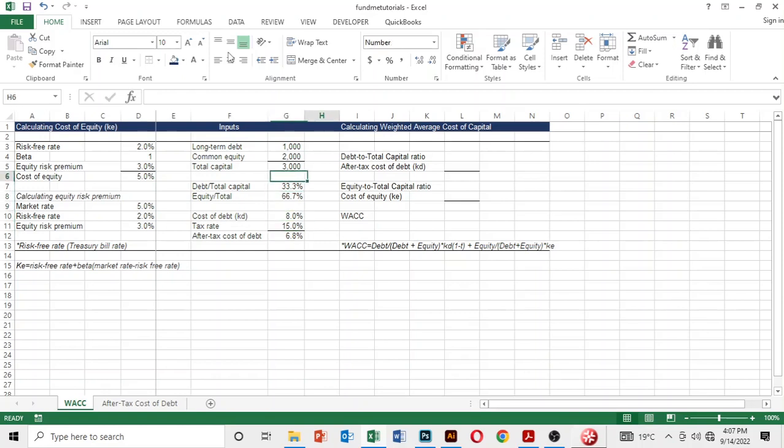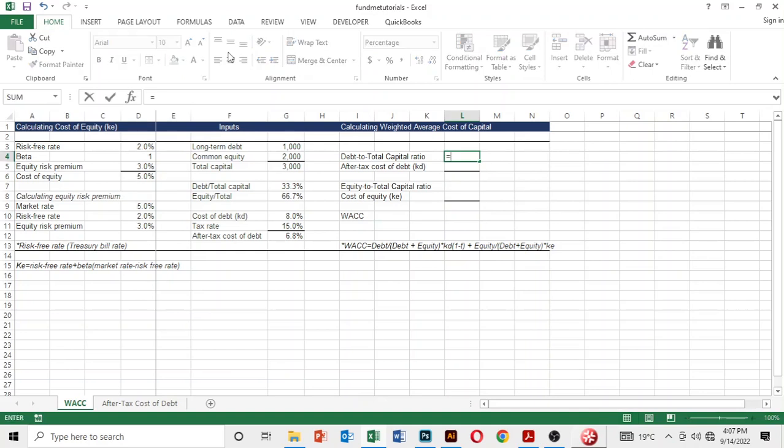So let's just put here, because I think these are all percentages. Yeah, so let's just turn all those cells into percentage, Alt HP, Alt H0, just like that.